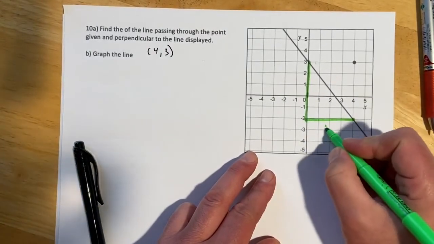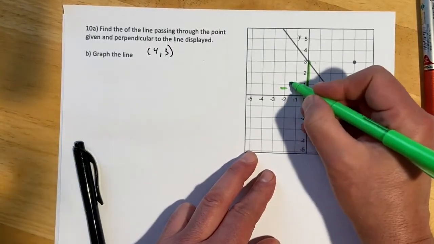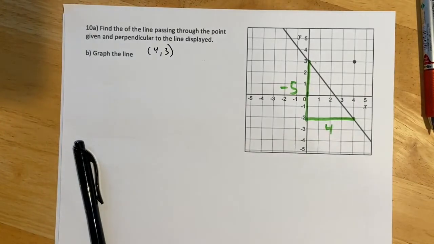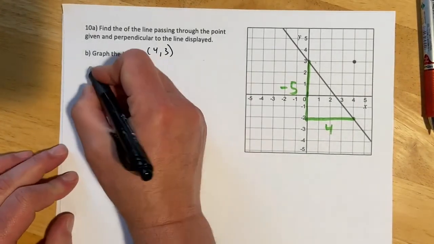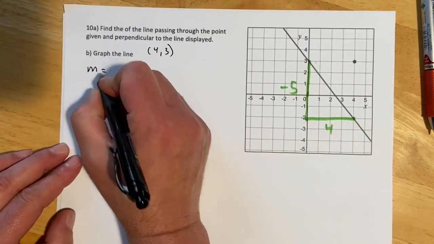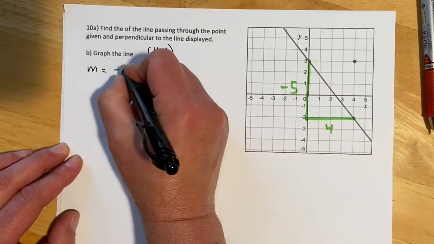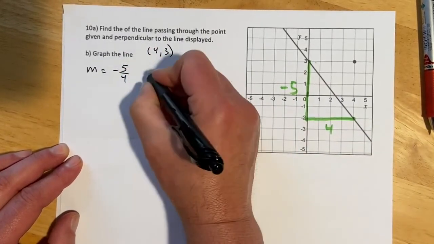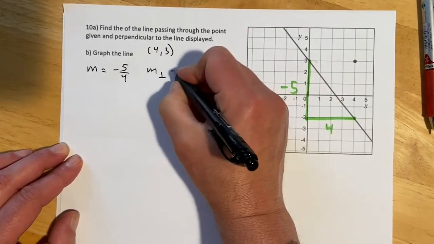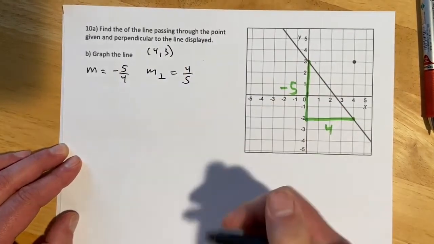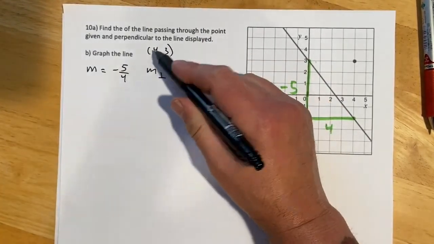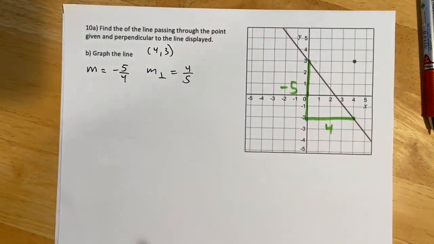So it looks like it's running 4 and then dropping -5. So for this one, the slope of the line shown is -5/4. So then that means the slope perpendicular would be +4/5. And again, you can kind of see when I multiply that to that 4, I'm going to end up with a 16/5. So this is going to turn into one with fractions again.